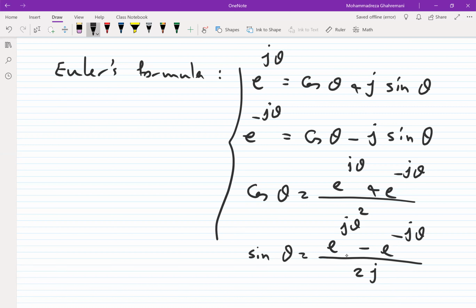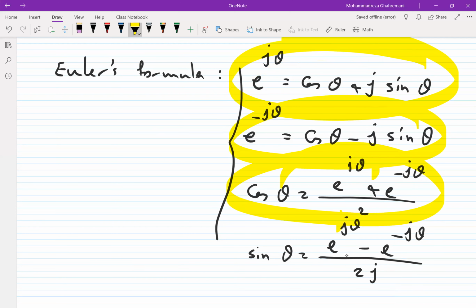All these four equations are Euler's formula. By the way, these two equations can be extracted from the first equation. So if we know the first equation, we can easily find the other equations as well.